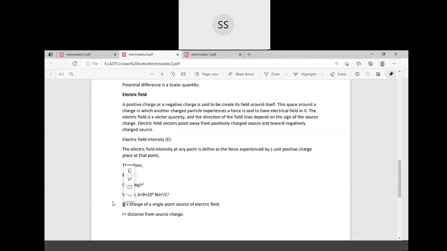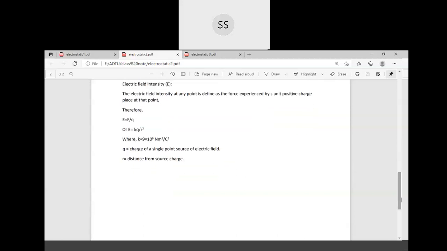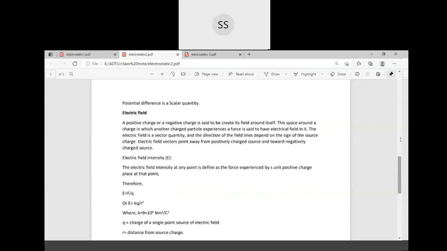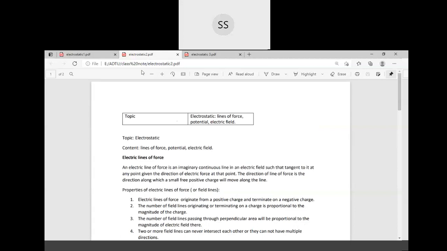We know the value of K, which is 9 into 10 to the power 9 Newton meter square divided by Coulomb square. R is the distance of that positive test charge from the source charge.